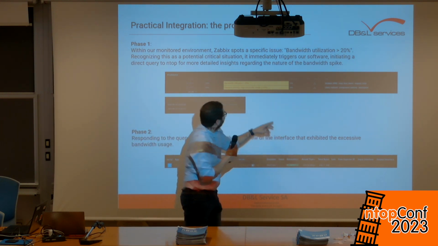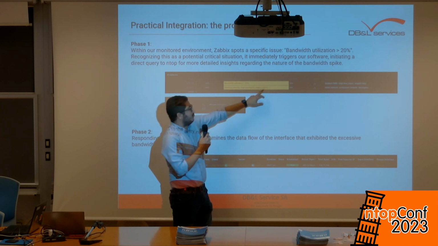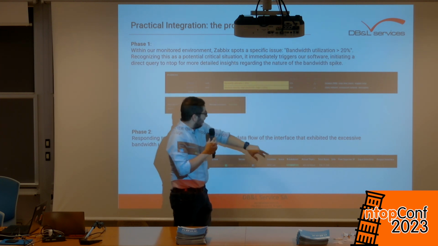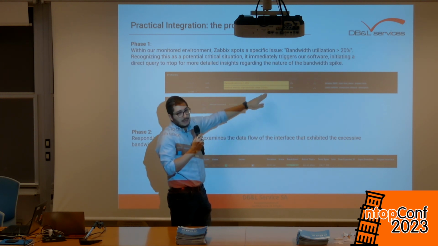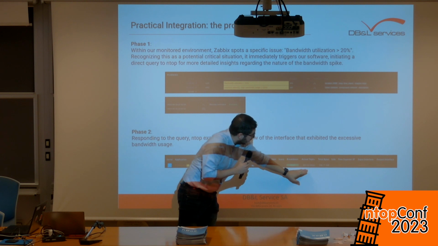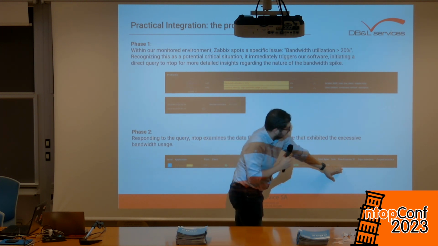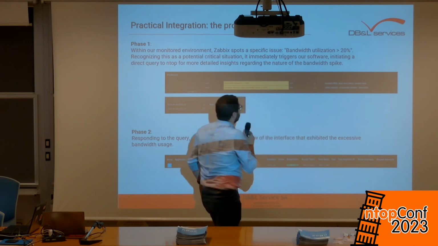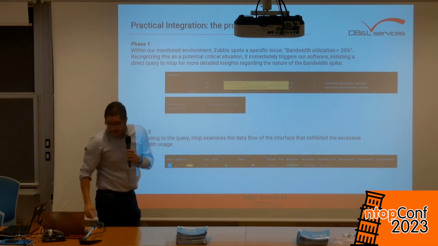We lowered the bandwidth usage threshold to 20% to trigger it, but usually in our production environment we have 70-80%. So this is our flow. You can see the flow exporter, which is the router, and the interfaces related to this flow.